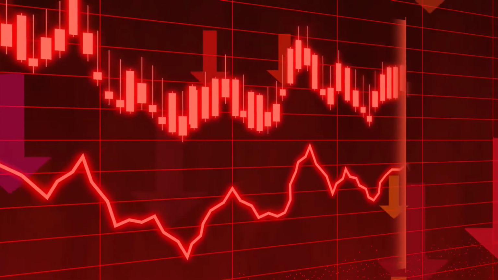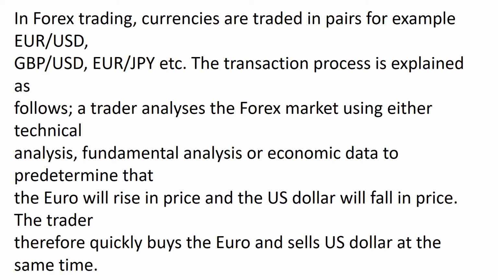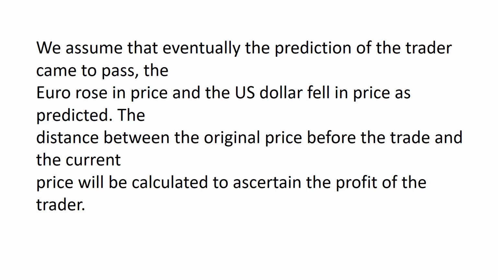The trader therefore quickly buys the euro and sells the US dollars at the same time. So you can see both things are going on. Either you're buying then you're selling, or you're selling and you're buying. So it's either way. We assume that eventually the prediction of the trader came to pass. The euro rose in price and the US dollar fell in price as predicted.